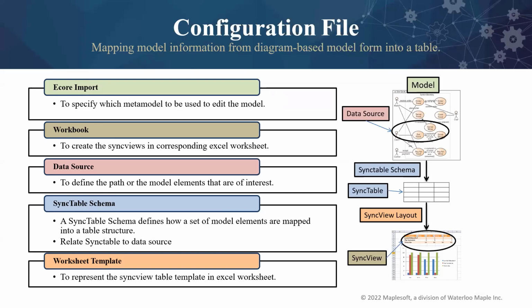So the configuration file will have 5 modules. The first module is the eCore import. This is basically a way of telling MapleMBSE that we are going to work with the Capella model, or that we are going to work with a different tool like a SysML model and so on. So in the eCore import we say these are the eCores, or this is the type of model that we are going to work with.